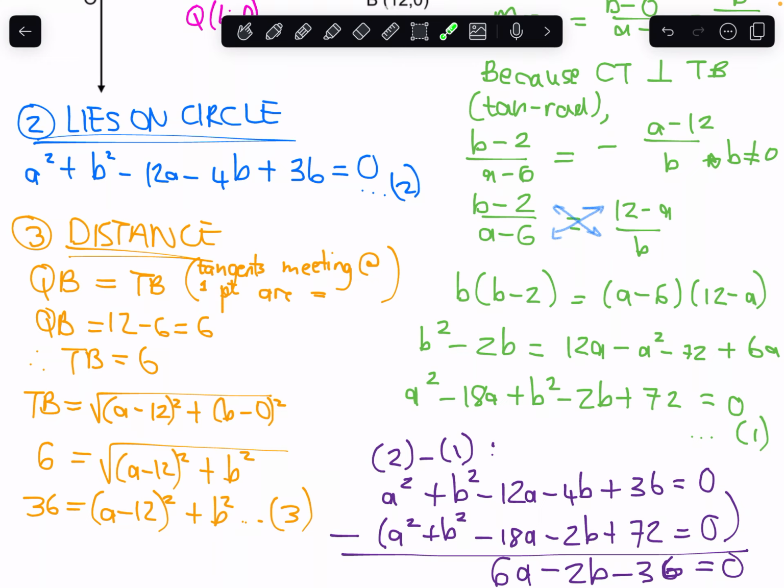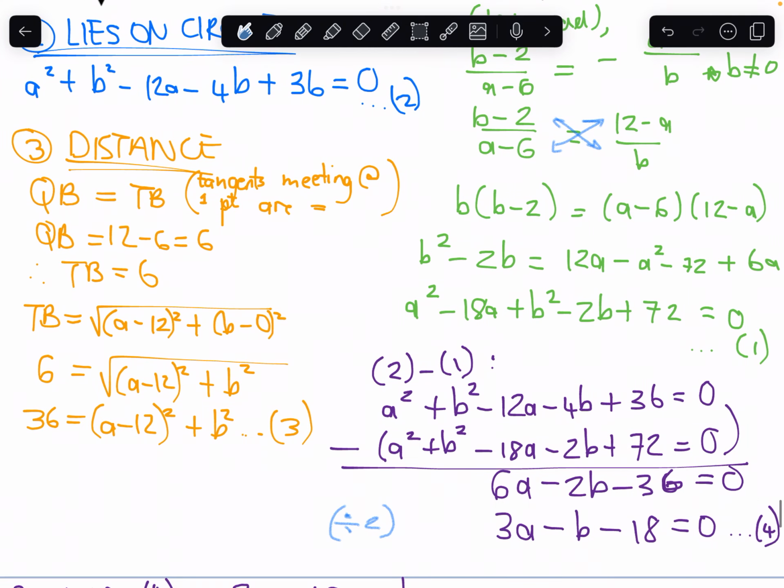Okay, yes, I subtracted this one from this one. So we're starting with this one: a squared plus b squared minus 12a minus 4b plus 36 is equal to 0, minus a squared plus b squared minus 18a minus 2b plus 72 equal to 0.